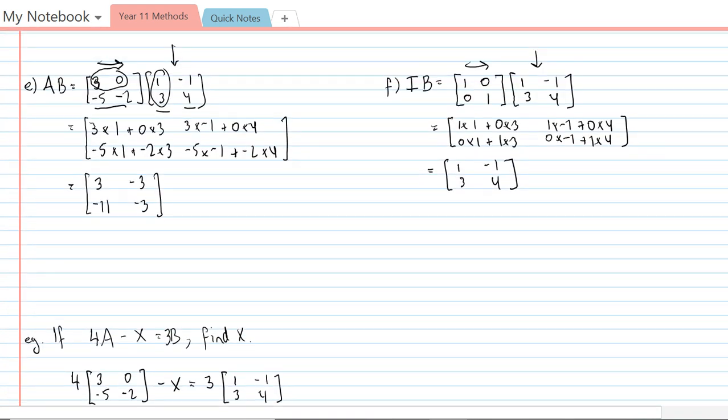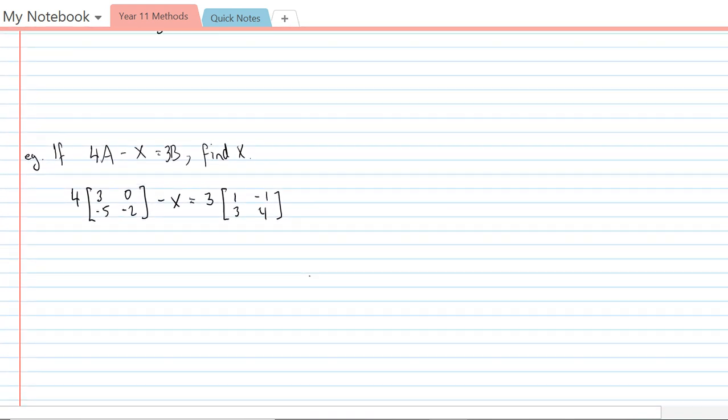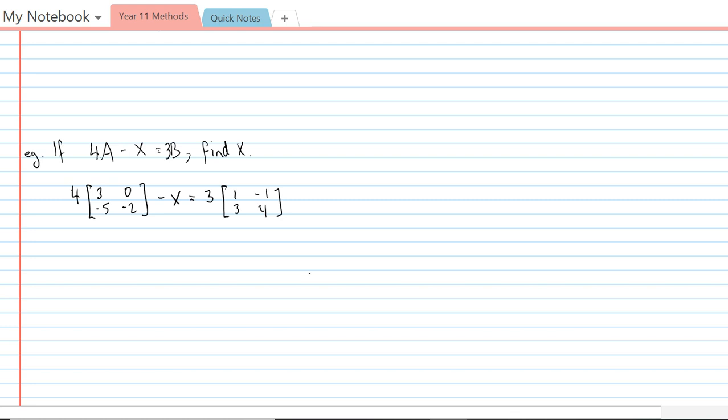Just check that I got that right. 3, 0, -5, -2, nice. Okay. I'm going to evaluate this first one, so that's going to make 12, 0, -20, -8, minus some matrix X equals, that's going to make 3, -3, 9, and 12.